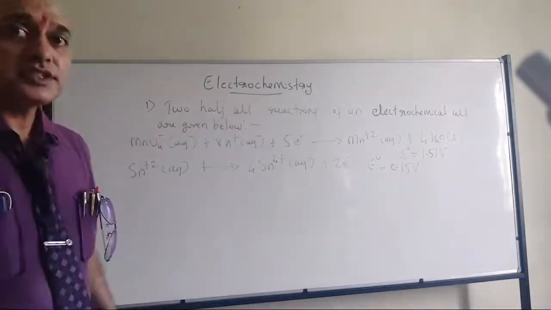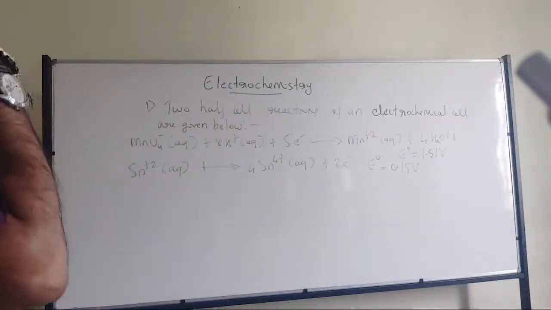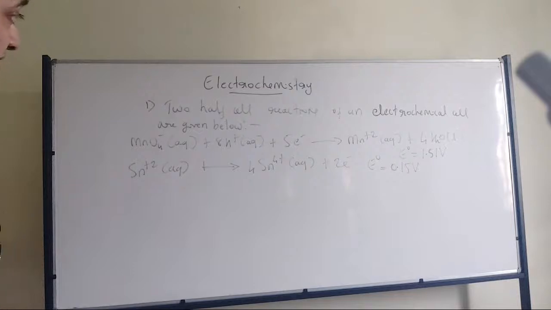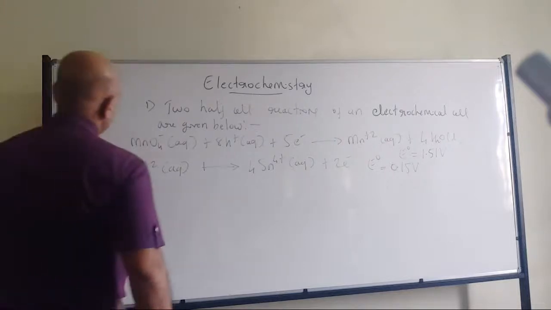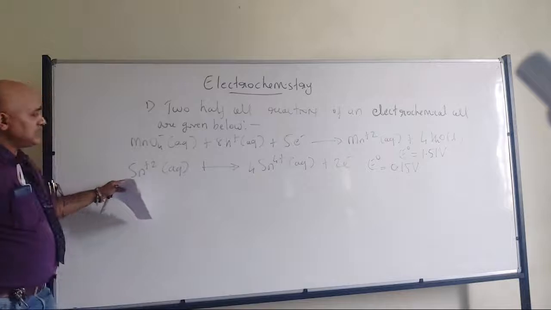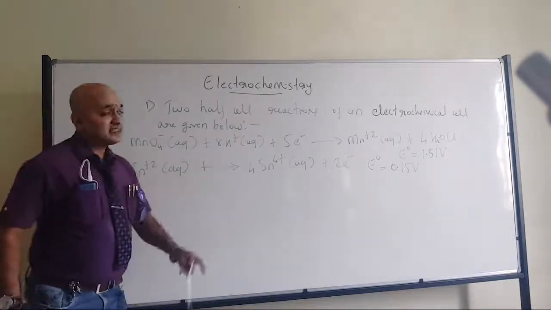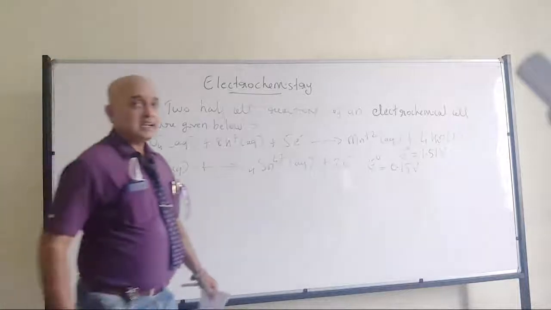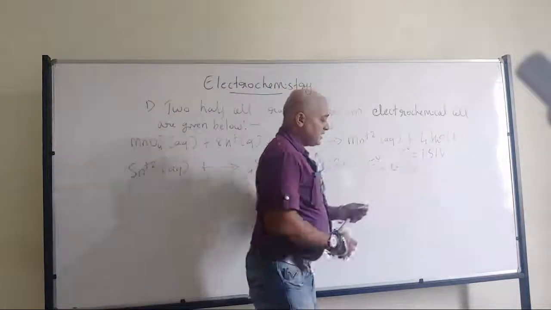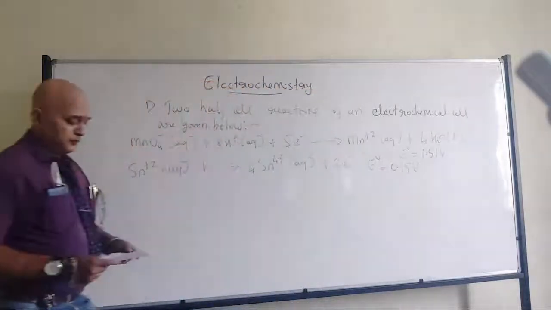The first one is permanganate, MnO4 minus. In the acidic condition it will take up the electrons and it becomes manganese ion. And the second one is a tin ion, stannous, becoming stannic by donating the 2 electrons. And that's where we have the standard redox potential values.